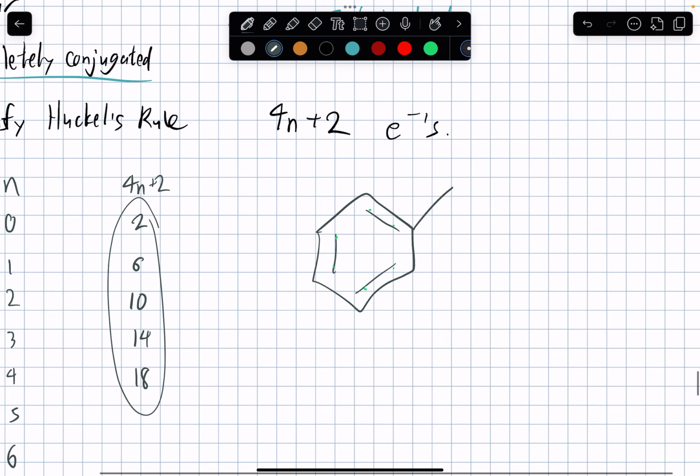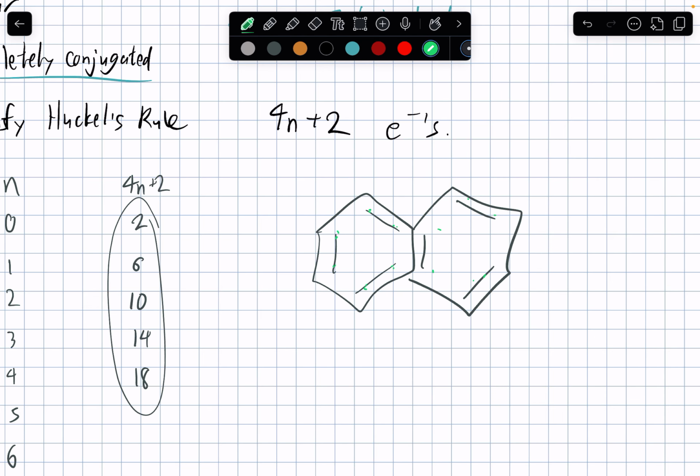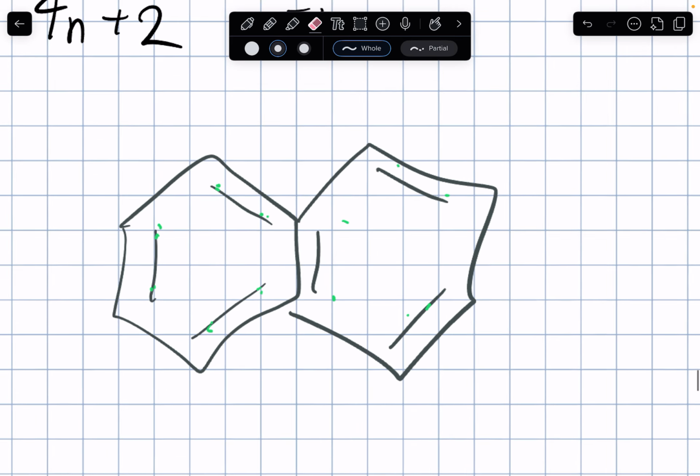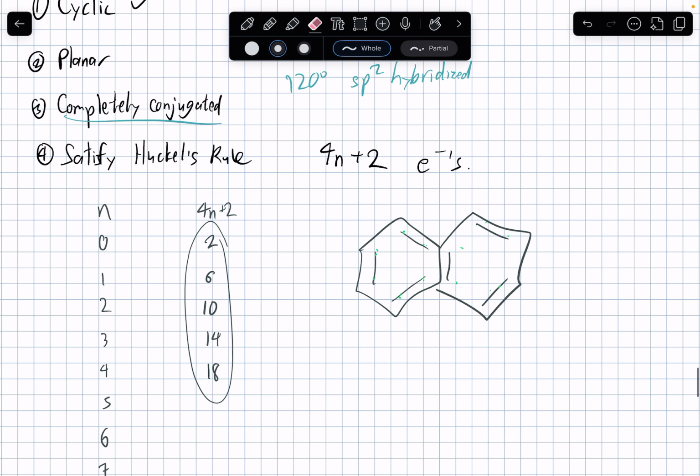What if we have this? Same thing. 1, 2, 3, 4, 5, 6, 7, 8, 9, 10, 11, 12. Okay. So this example does not fulfill Huckel's rule. Therefore, this is not aromatic. Okay.